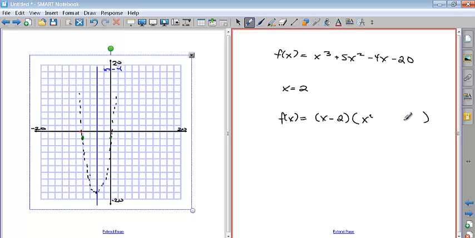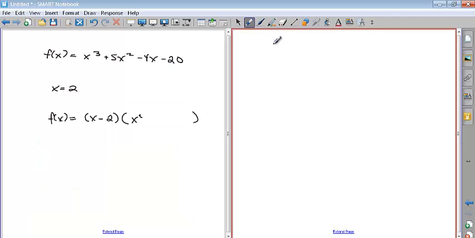So let's use synthetic division. You put the coefficients of the original expression, which are 1, 5, negative 4, and negative 20. Because I said this was a solution, I know it's going to come with a 0 remainder. And remember, the number you put here is not the factor, not negative 2, but the zero, which is 2.